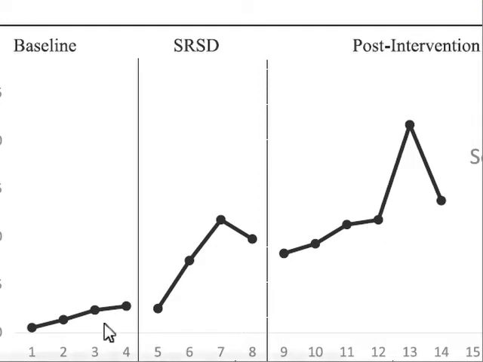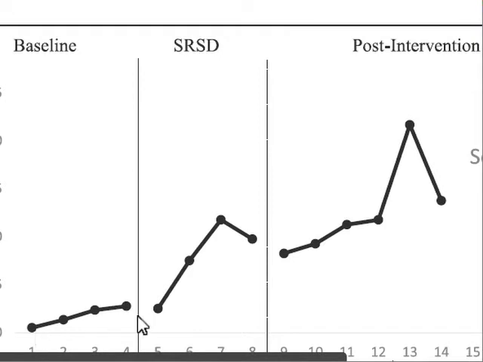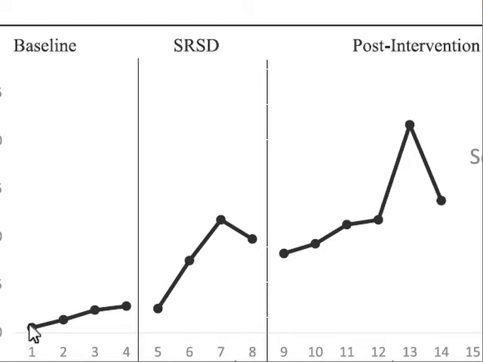And so we're using repeated measures. In this case we made a bunch of different versions of a fractions measure, and there were 12 questions on each measure, and each day they would be given this fractions test.